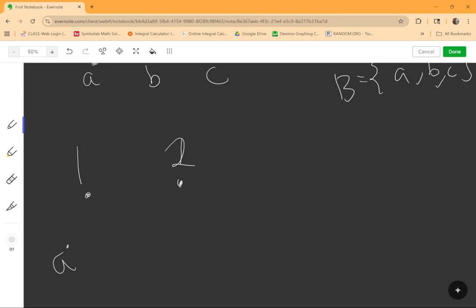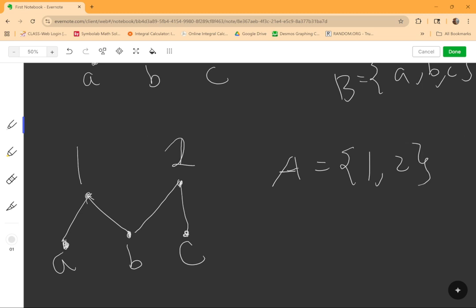We'll start off with the same graph as above, with set A consisting of vertices 1, 2, and set B consisting of vertices A, B, C. Again, bipartite, but not complete.